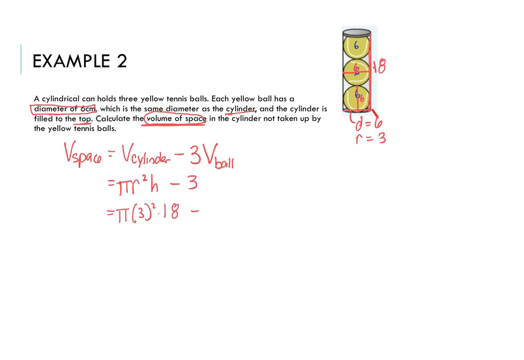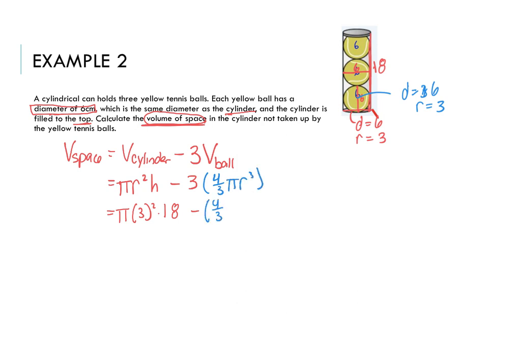Now let's talk about the volume of one of these balls. They have a diameter of 6, and the radius is equal to 3. Each of these balls is a sphere, so we're going to use the sphere formula, which is 4 over 3 pi r cubed.